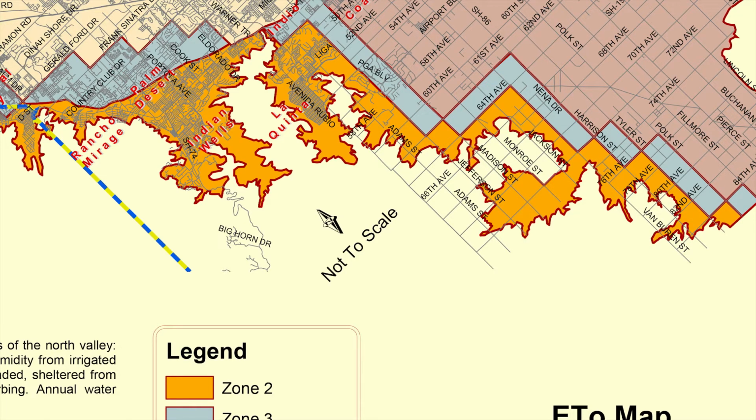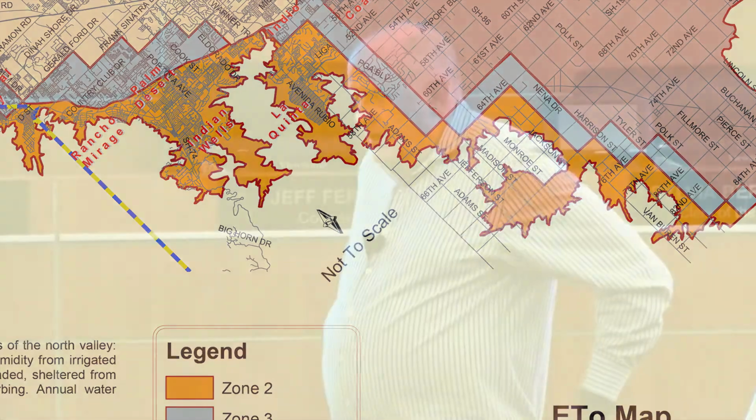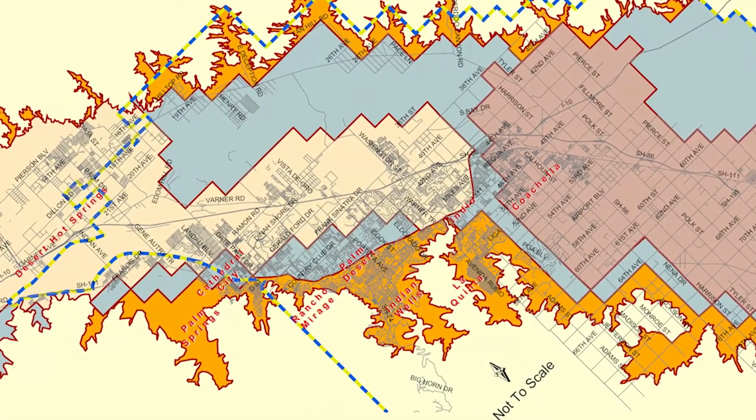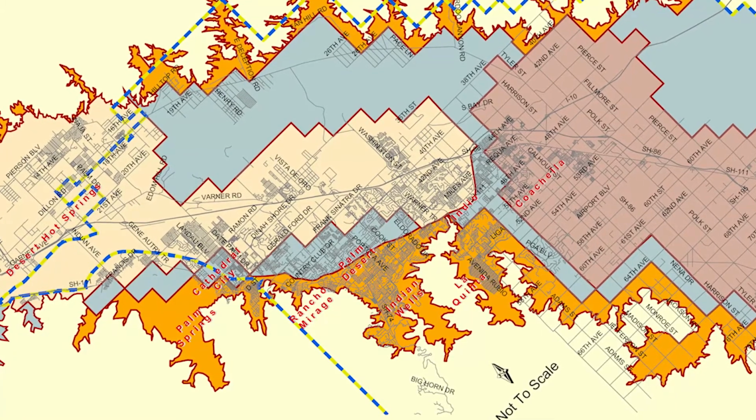So they're in the cove, they're somewhat protected, and they have the lowest ET. The first thing you need to know is, what zone is my landscape in? Am I in the kind of zone 5, or am I in the orange?